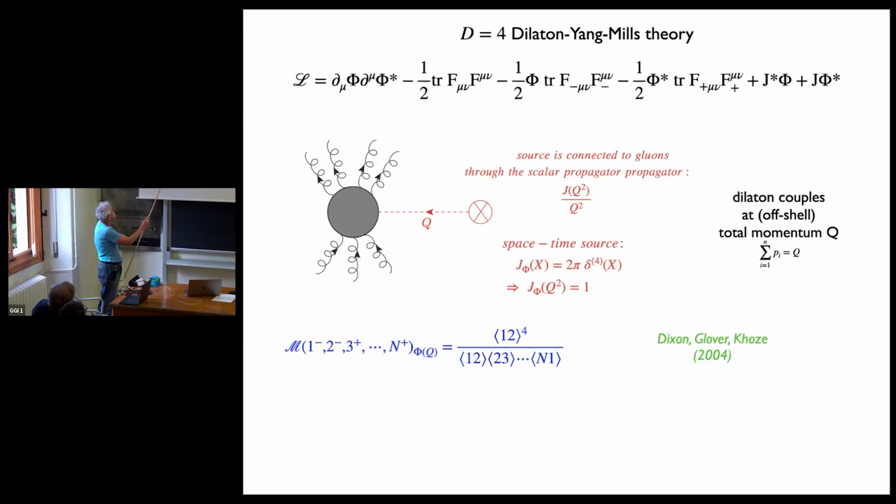You have Yang-Mills, and you couple a dilaton to the Yang-Mills field strength in the following way, and here you have this coordinate J. Looking at MHV amplitudes, MHV Klein amplitudes in this dilaton background means that you couple the dilaton through the source, and in other words, you don't fulfill momentum conservation for the dilaton anymore, but the total momentum is taken away from the dilaton source Q. So you couple this by a propagator 1 over Q squared, and then you have the source here.